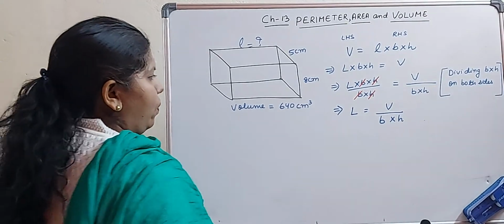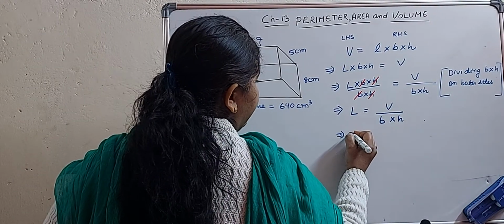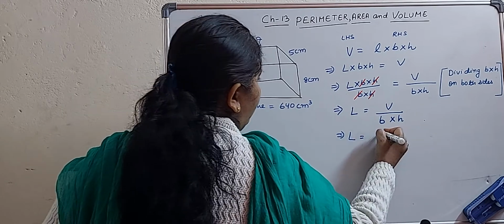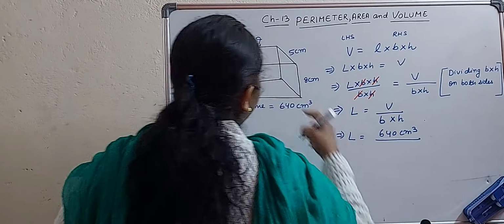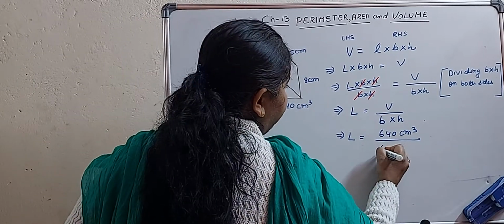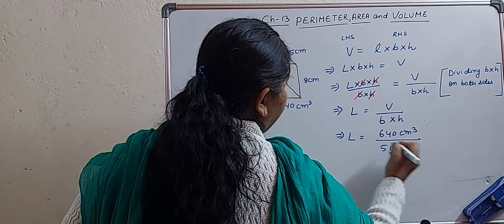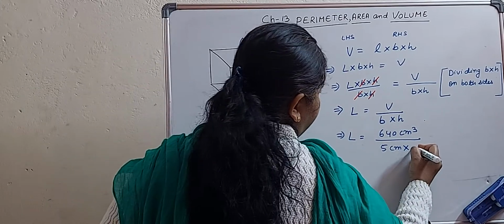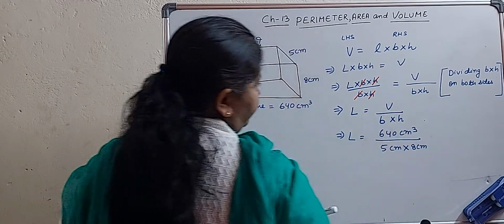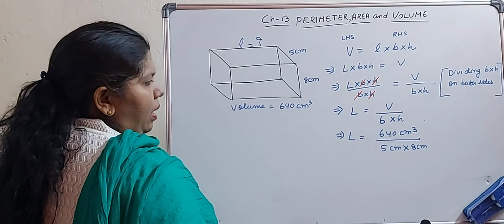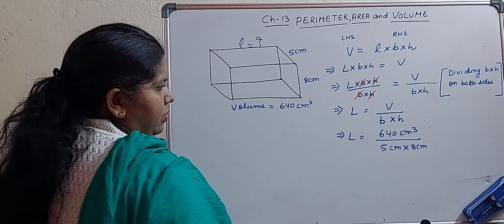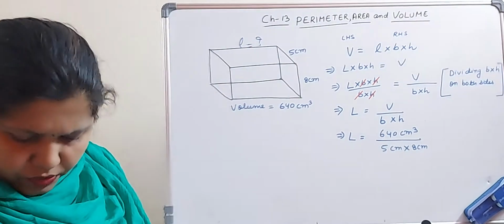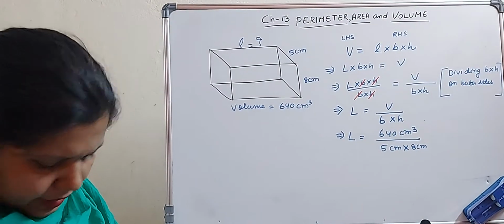So, implies L equal to volume is 640 centimeter cube by breadth is 5 centimeter into 8 centimeter. That is your height. Now, first we will cut 640 by 8.